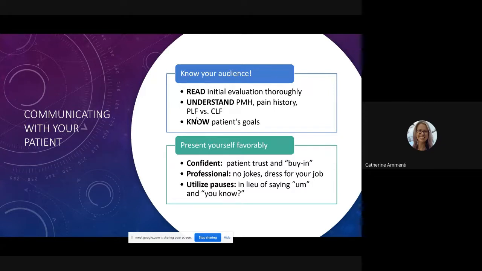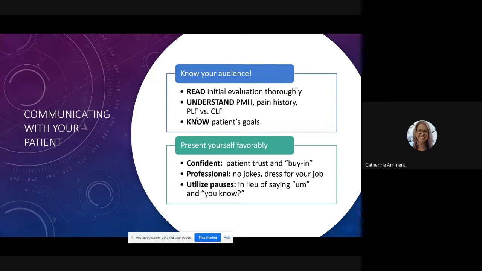Remember, your patient's first impression of you is going to have an impact on how well they listen to you and how much they respect the information coming from you. You want to start off on the right foot by being professional and, like I said, dressing appropriately for your job.